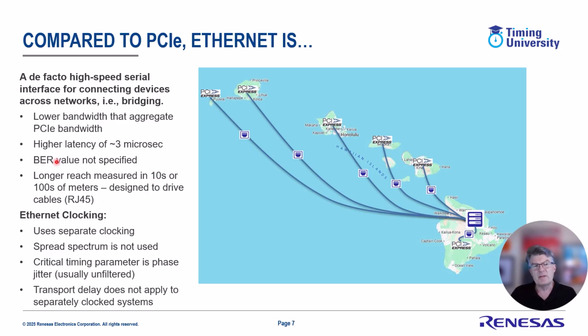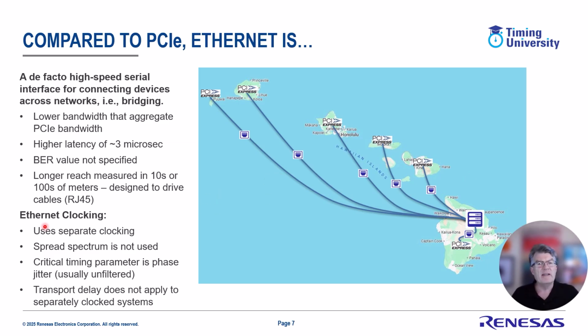On the flip side, the bit error rate is not specified, and a higher latency of 3 microseconds is typical, and that's partially due to the longer distances involved. And it has lower bandwidth than PCI Express, especially as PCI Express moves up to 8 lanes or 16 lanes. But it is the standard for bridging between devices across networks, or between motherboards in a rack.